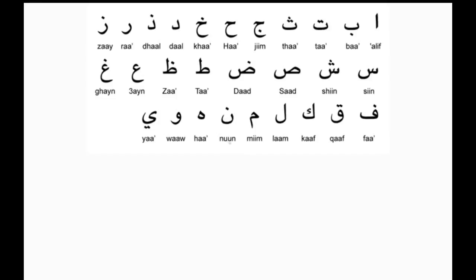In this video we're going to talk about the alphabet letters 16 to 23, which means from ta until lam. We already talked about the first 16 letters, how they sound, what their names are, and how they look in a word: at the beginning, in the middle, and at the end.